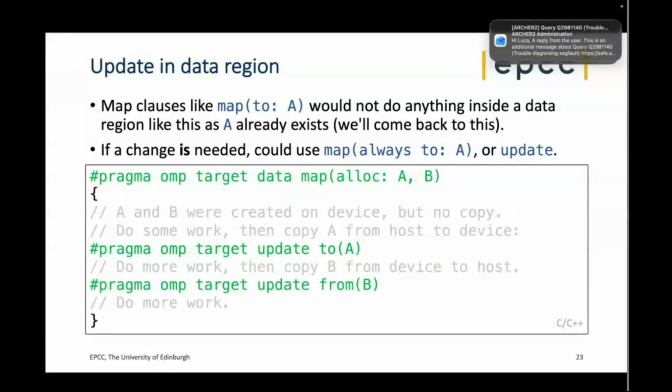So you say to, which means it's going from the host to the device. And then you tell it which variable you're doing this for. And then you might want to do the same for the array B. So OpenMP target, it's on the device, update, do the data transfer. But this time, I want to do it in the opposite direction. So I'm transferring data from the array B to the array A.